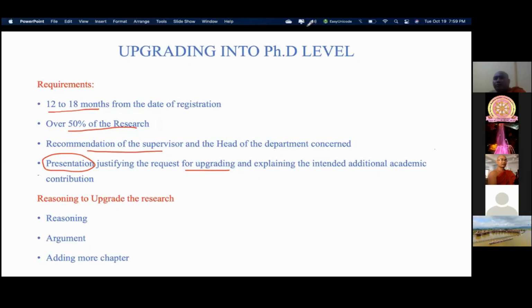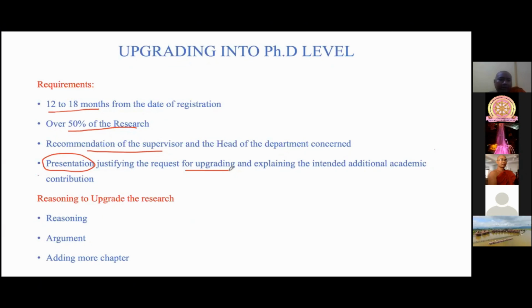But anyway, you must have a solid and sufficient reason to upgrade your research into PhD level. Reasons to upgrade: reasoning, argument, adding more chapters. Usually reason and argument, these two are enough. Adding more chapters now seems a little weaker. Okay, next slide, please.